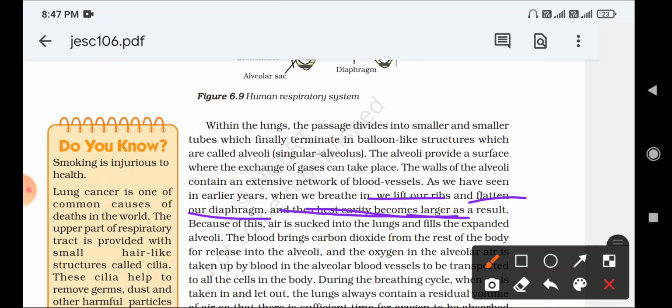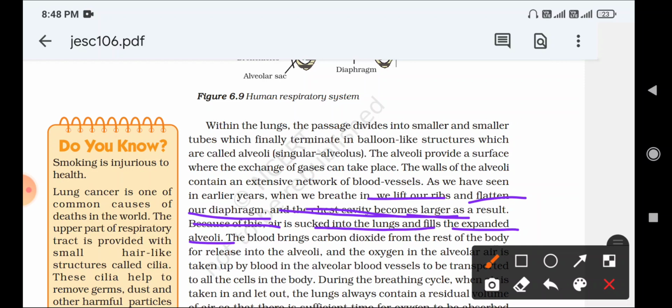The rib muscles are lifted and the diaphragm is flattened, and the chest cavity becomes large.